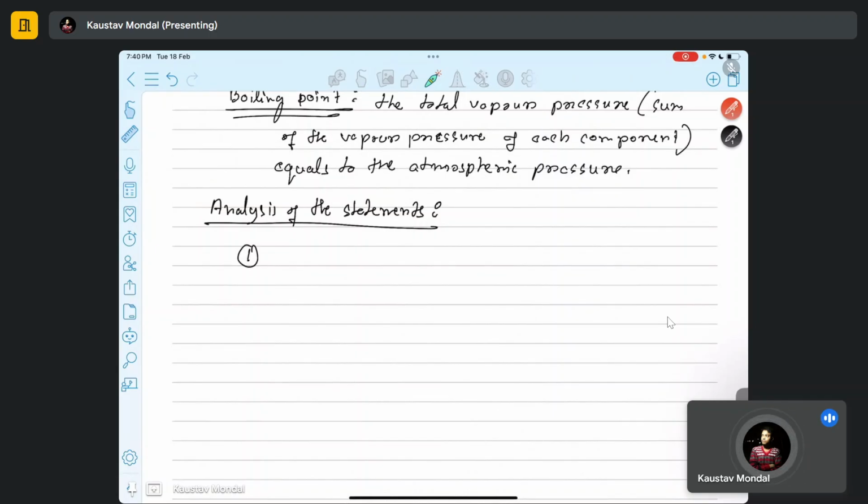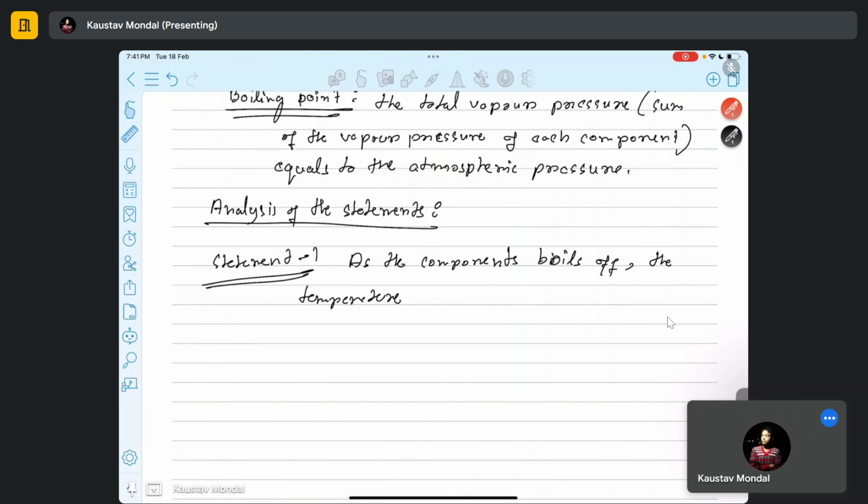So let's write for statement one: as the component boils, the temperature remains constant until one of the components is exhausted.